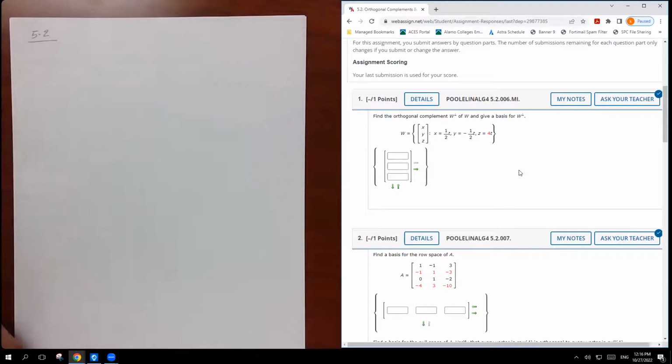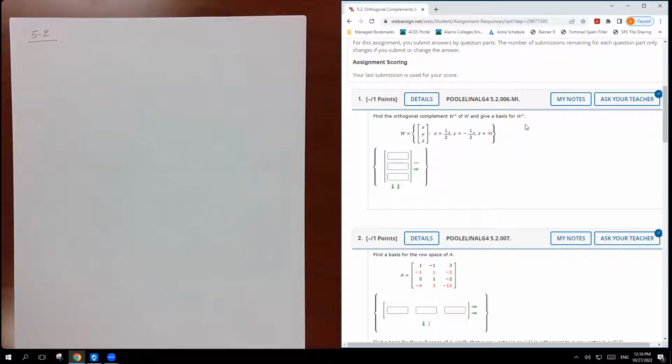For the first example, they're telling you to find an orthogonal complement, W complement, and give the base for the W complement.